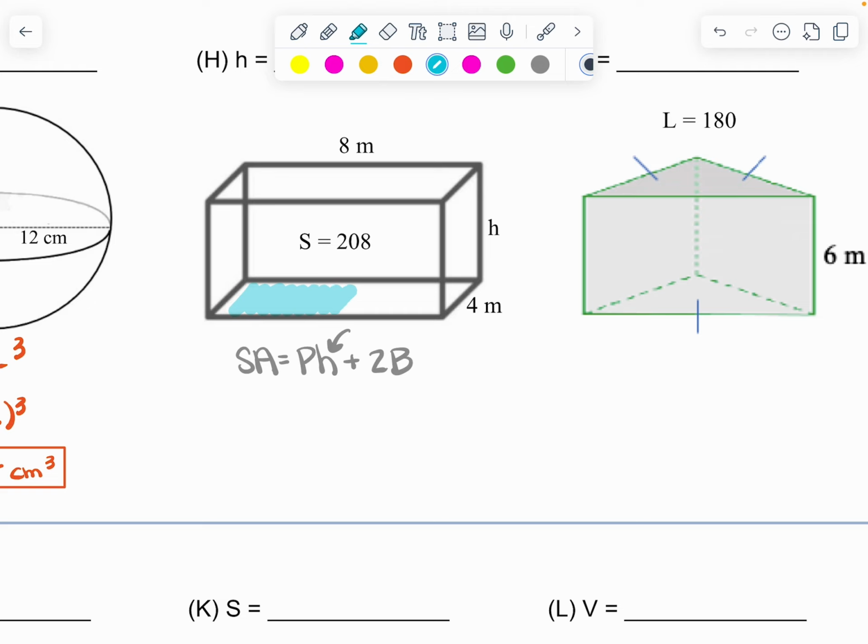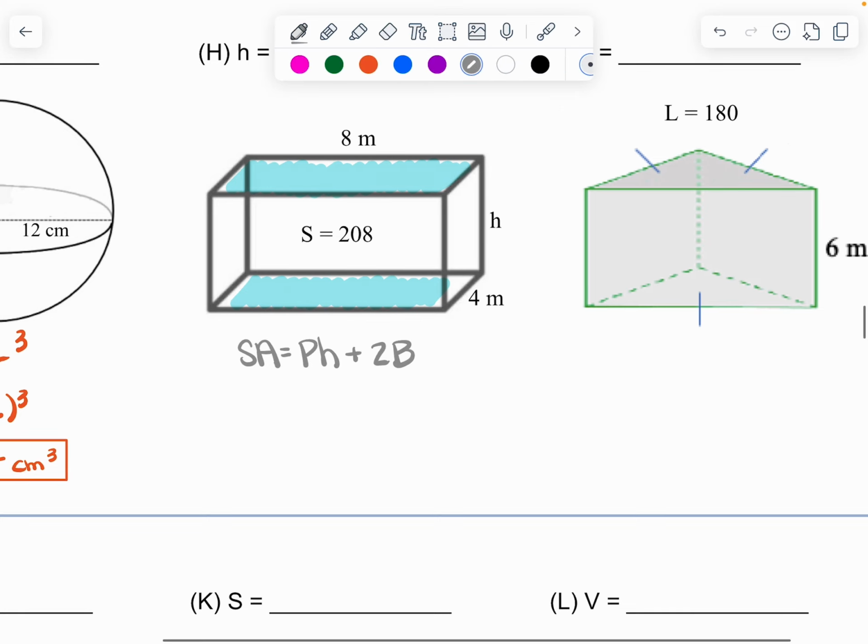Now, obviously, we are looking for this H, which means you totally want to be using the top and the bottom as your bases when you're doing this calculation. I'm not saying you can't do it the other way, but obviously if we're solving for that H, we want to make that the H in our formula.